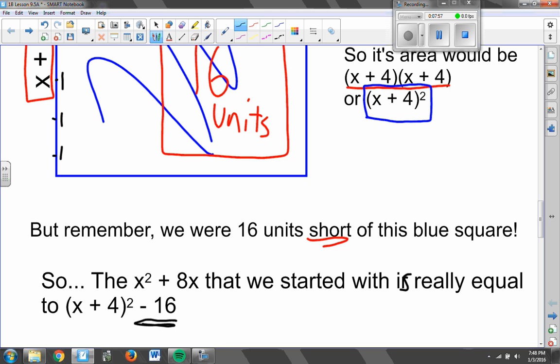Okay, because we have a big blue square that we could make using our x squared and our 8x's, but we're 16 units short, so we say minus 16 right there. So it's minus 16. X plus 4 squared minus 16.